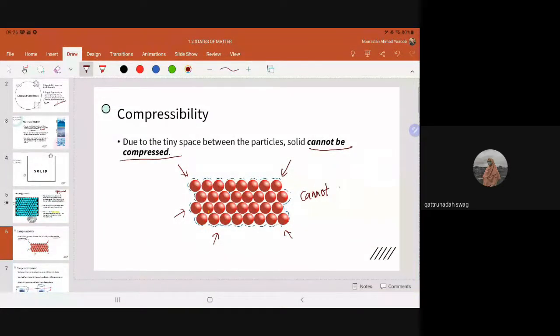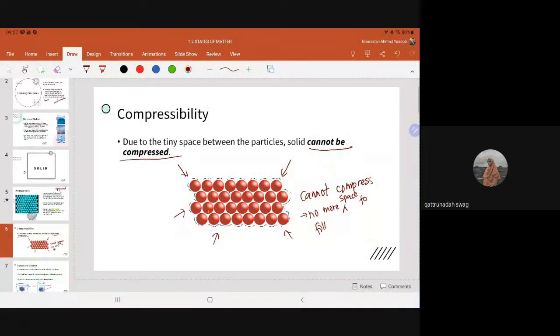Cannot compress because there is nowhere to fill. No more space to fill. Okay, so there is no more space to fill.